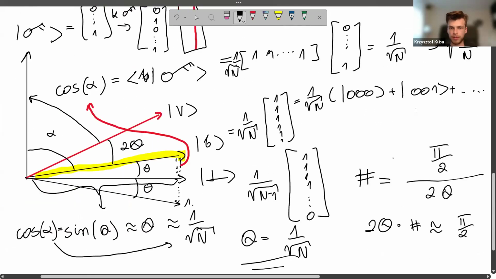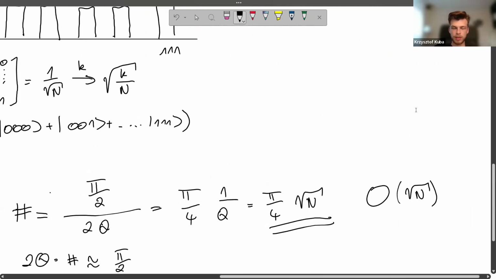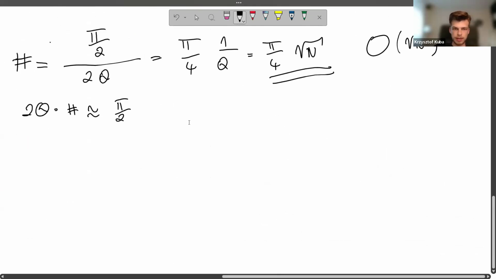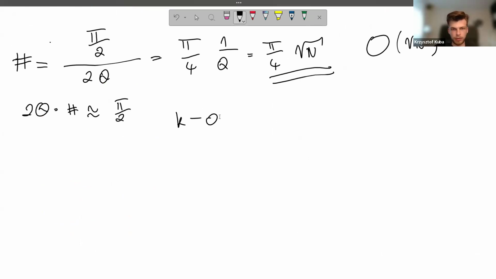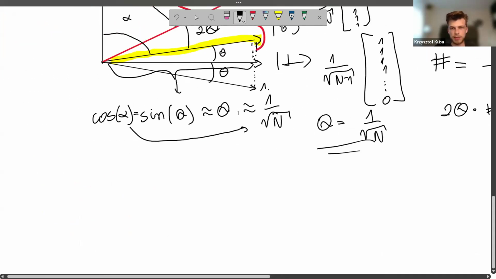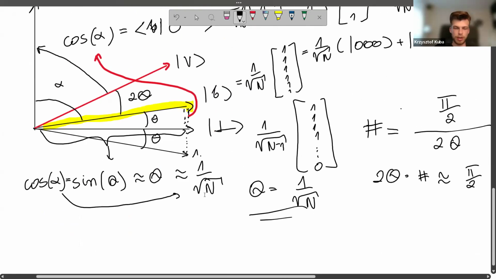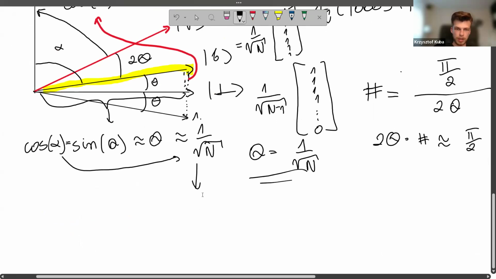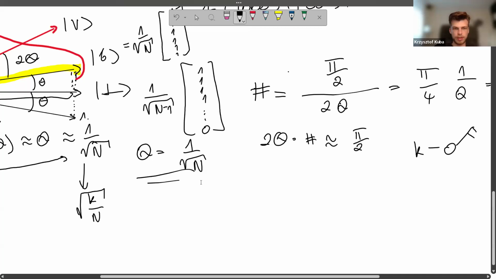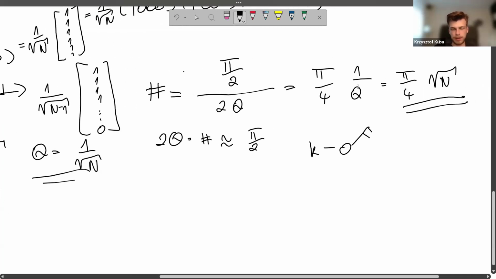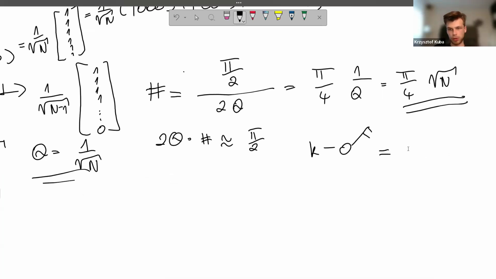Therefore, if we do the math once again for k number of keys, we substitute the result here to be k square root of k over n, and then once again work out theta, and the number of iterations will be equal to pi over 4 square root of n over k.